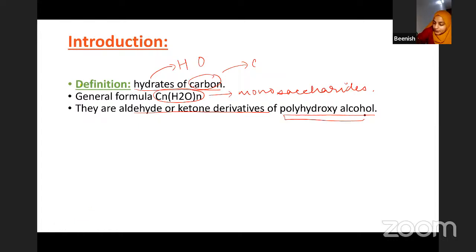So polyhydroxy, as the name suggests, poly means many and hydroxy is alcohol, the OH group, the hydroxyl group. Any compound that has a hydroxyl group becomes an alcohol. Now there must be multiple hydroxyl groups. So polyhydroxy alcohols are those which have more than one hydroxyl group. So they're aldehydic or ketonic derivatives. They form your carbohydrates. Okay.